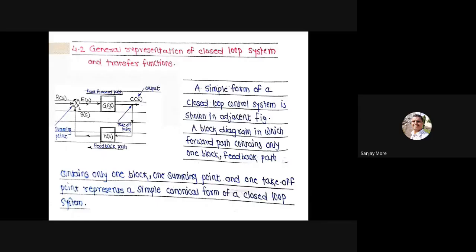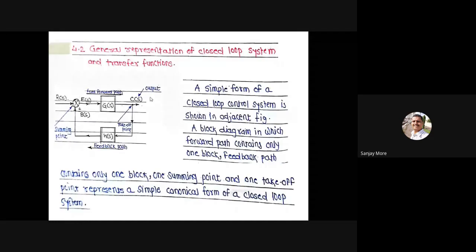Feedback path also contains a summing point and one takeoff point, which represents a simple canonical form of a closed loop system. In this system, this is the reference point, this is the error signal, this is the control, general control feedback form, then control output, and this feedback path has a takeoff point.